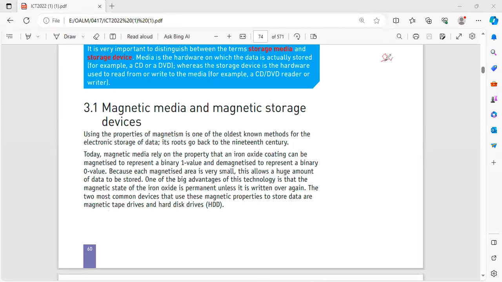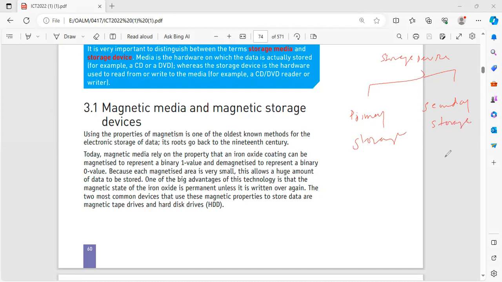So storage devices, as we know, are primary storage and secondary storage. Okay, do you know that? Yes, sir.